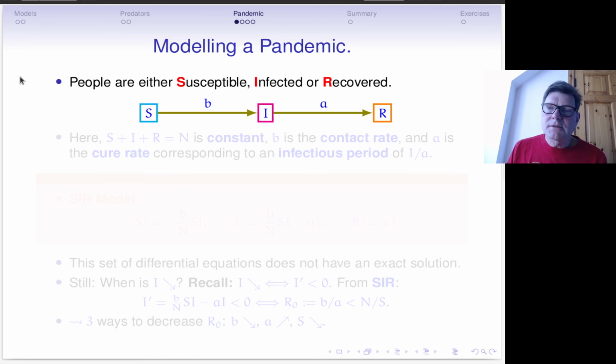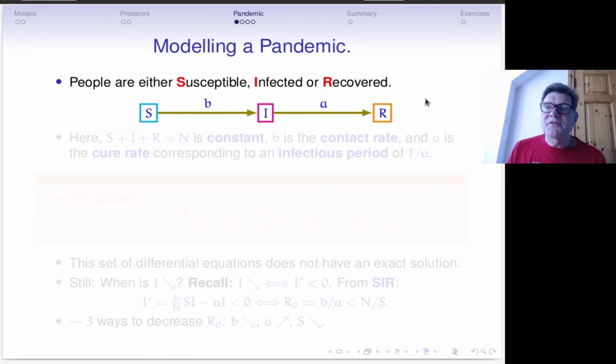This is the so-called SIR model, where the population that is affected by the outbreak is partitioned into three classes. There's susceptible, there's infected people, and there's recovered people.